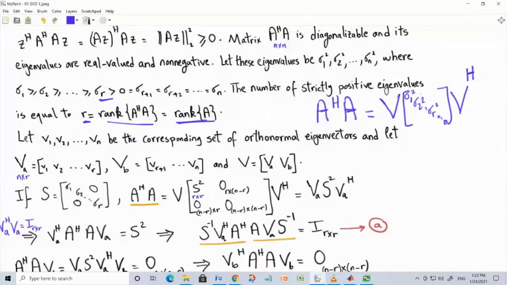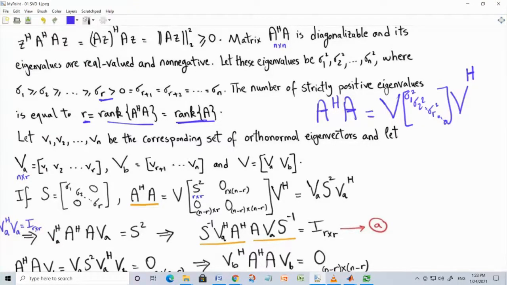Now let's try to manipulate this eigen decomposition. We will partition matrix V. What are the columns of matrix V? The columns are the eigenvectors of A Hermitian A, and they are orthonormal because A Hermitian A is a Hermitian matrix. We will split those eigenvectors into two groups.